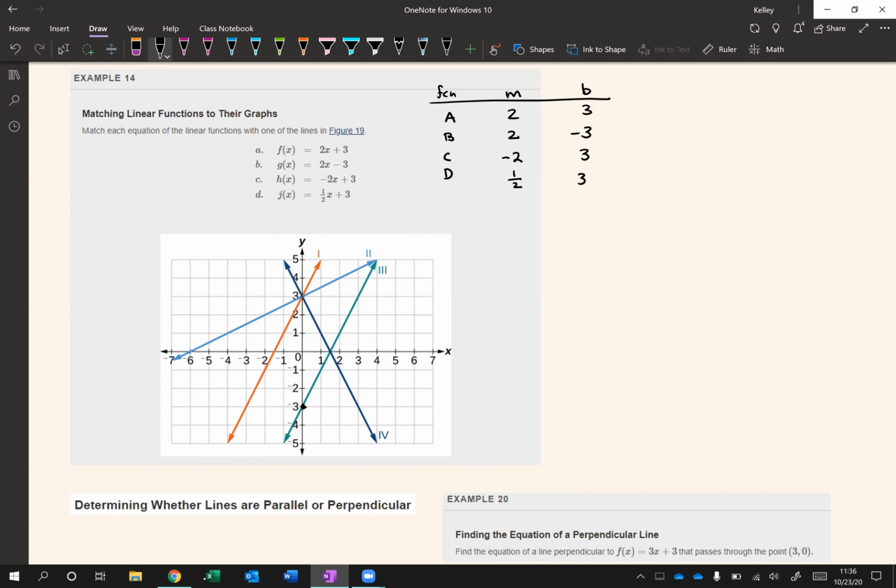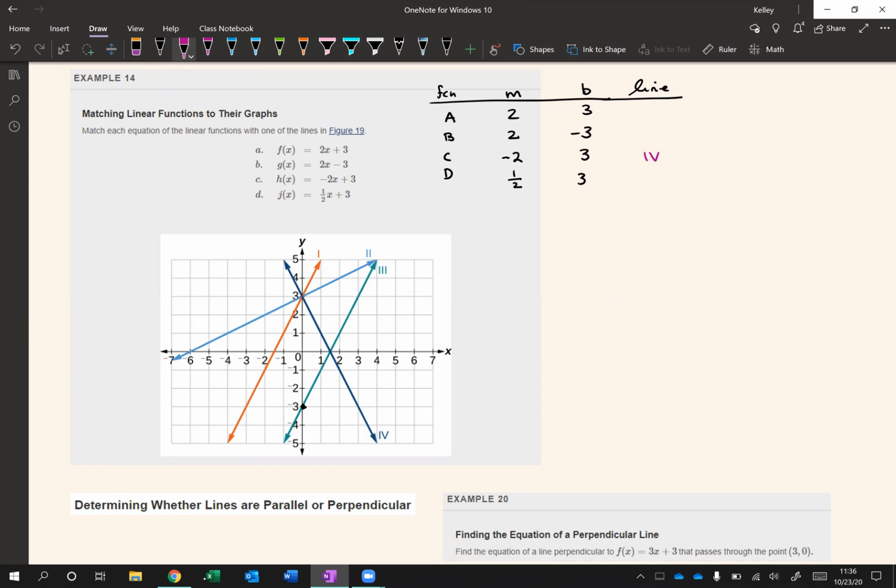So there's only one equation here that has a negative slope. That's got to match up with the line that's going down and to the right. So let's match it up with their line. The only one with the negative slope was line 4. The other 3 all have a positive slope, but one of them is shallower than the others.